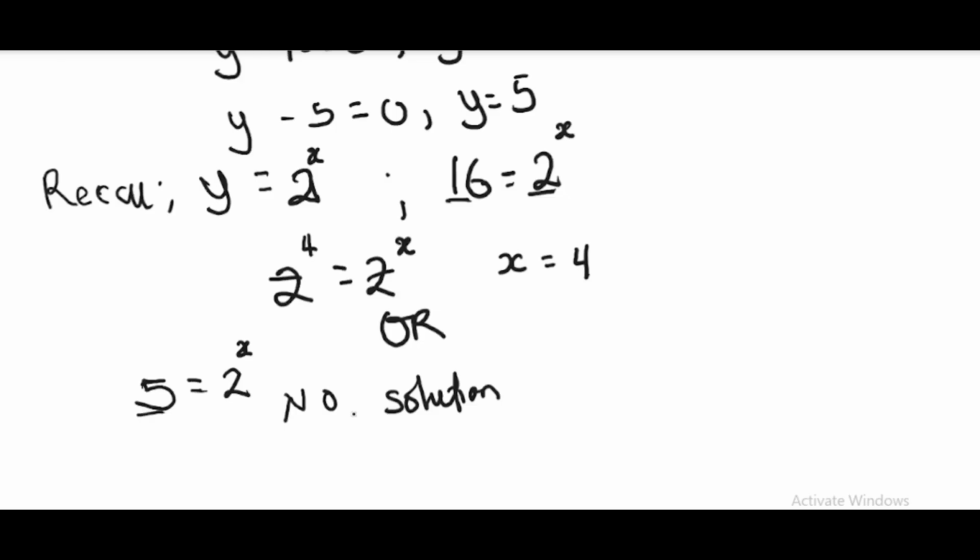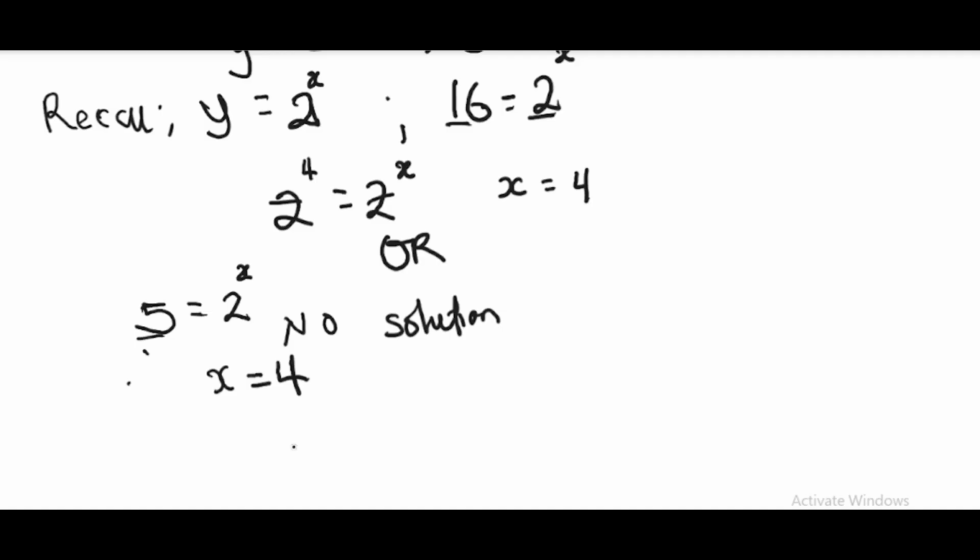So there is only one solution to the equation, and that is what? Therefore, x is just equal to 4. So at this point, x will have just one value, and that is 4. I believe it's clear, right?